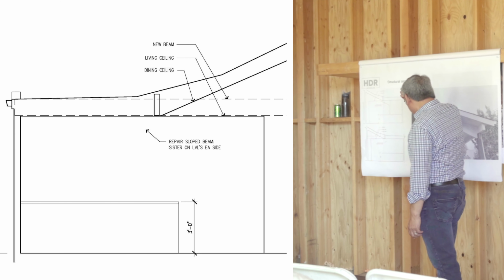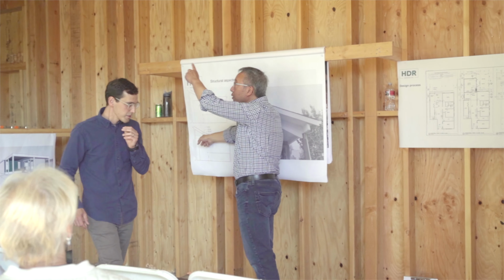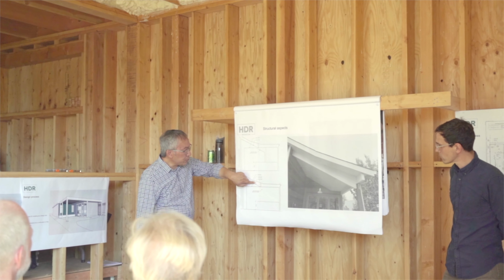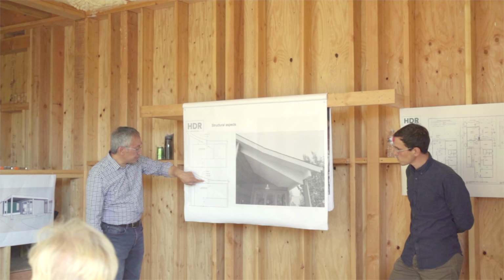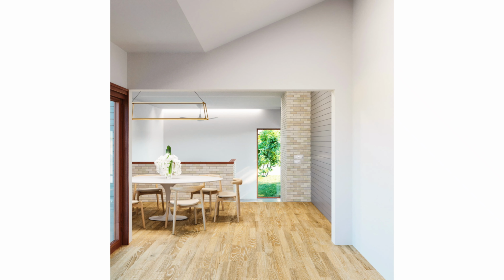Working with the structural engineer, we came up with a solution where we introduced a new horizontal beam that goes across here. This sloping beam then gets cut and rests on top of this horizontal beam. So we came up with solutions to clean things up and eliminate this.